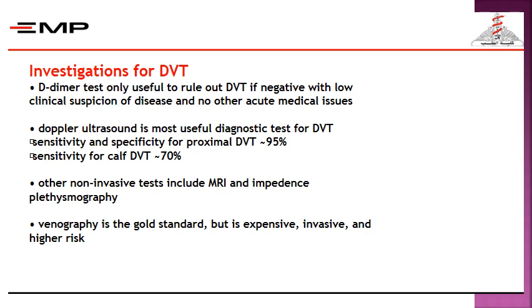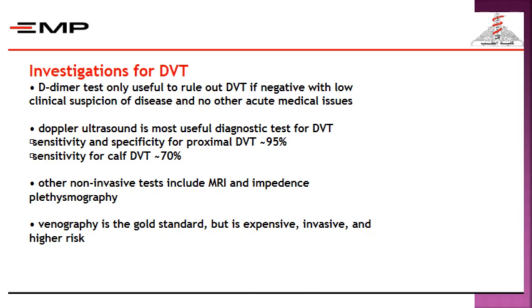How are we going to investigate a patient with DVT? First, after clinical suspicion, after clinical examination, we can do the D-dimer test. D-dimer is a byproduct of the coagulation cascade. The D-dimer test is only useful to rule out DVT if it is negative.